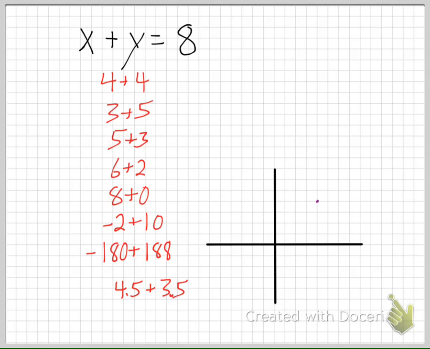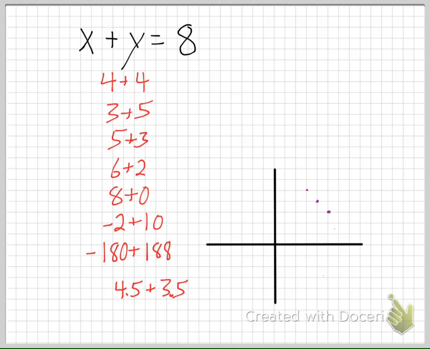Then I also have 3, 5, right? So I'm going to go to the right 3 and up 5. But I also have 5, 3, which means I go to the right 5 and up 3. Make a circle.